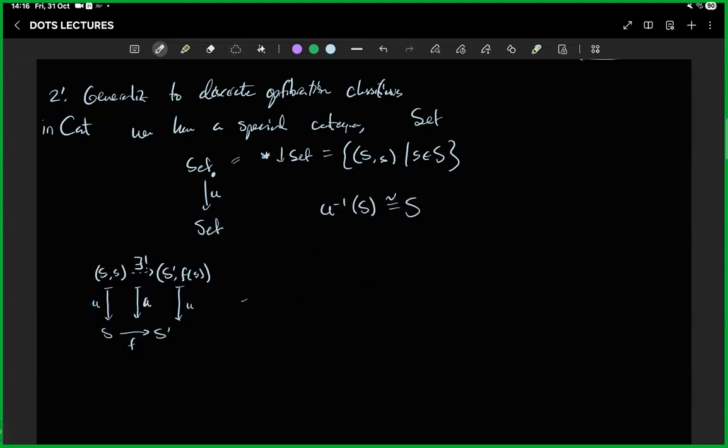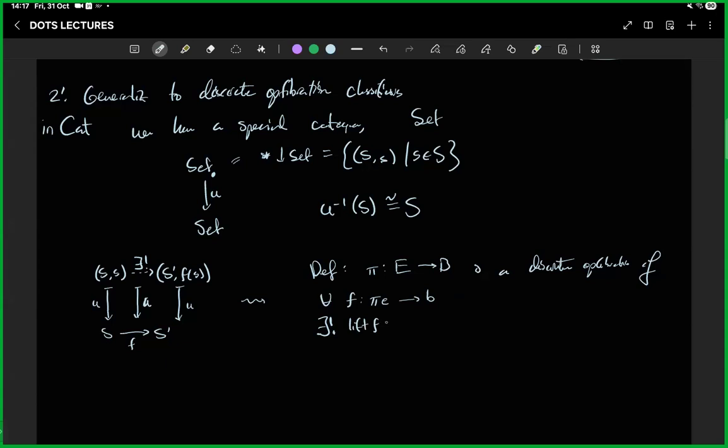So here, def: a functor pi from E to B is a discrete op fibration if for all f, pi e to b, there exists a unique lift f, e to f lower star of b, with pi of lift f equals f.